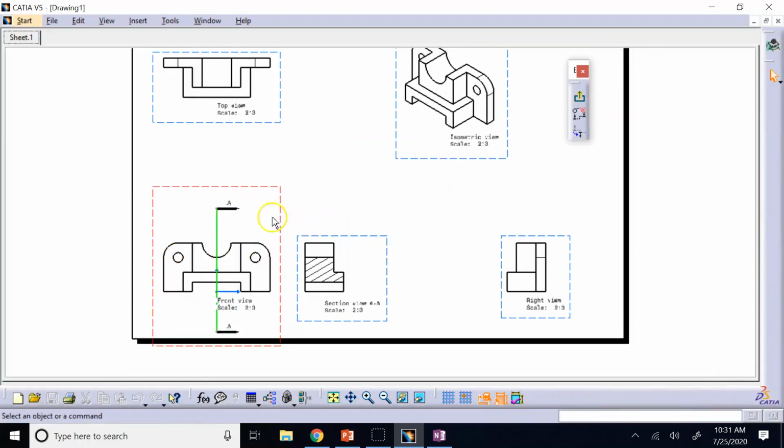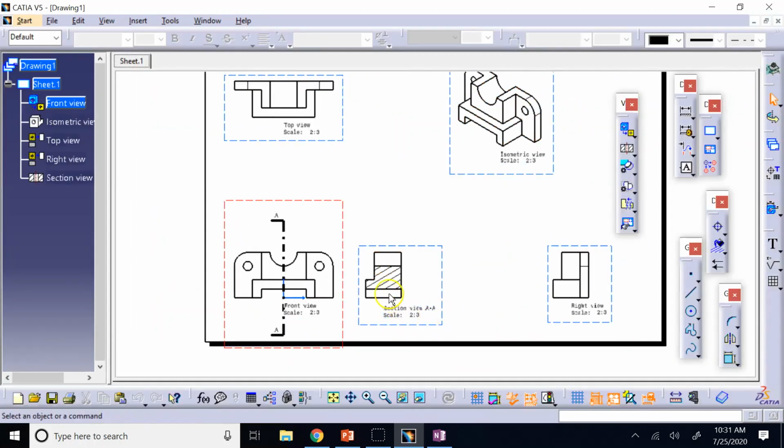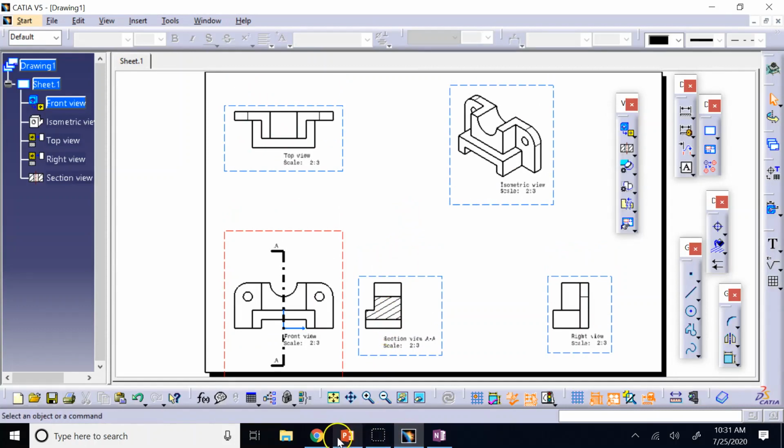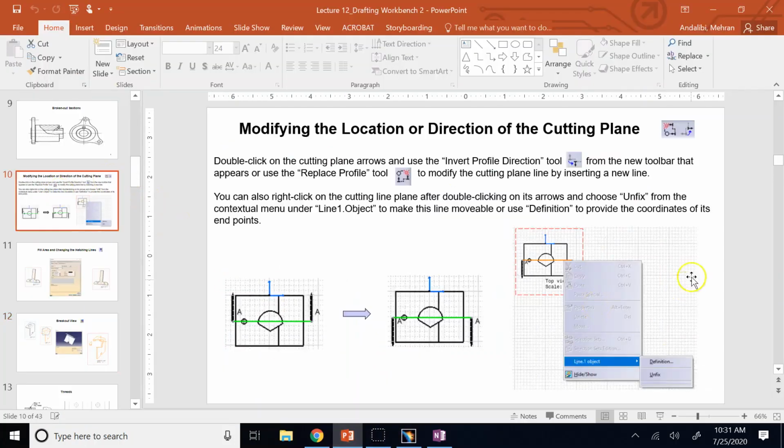You double click on the arrows, you come here, and then look at this shape here. Then I reverse it, and when I get back, you see the direction of the cutting plane is reversed, and that's what I mentioned for you over here, right? So that is important.